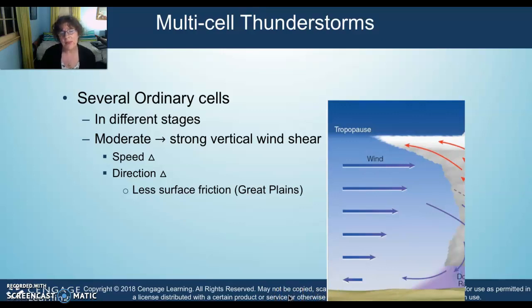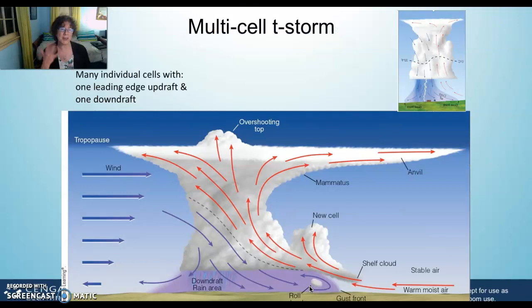And another thing to note is that in the Great Plains, with those very flat areas, you have less friction. So it's very possible to change direction with some of these winds without the friction. And that's where you start to think about Tornado Alley. Let's go into it a little bit more so we can understand wind shear in here.